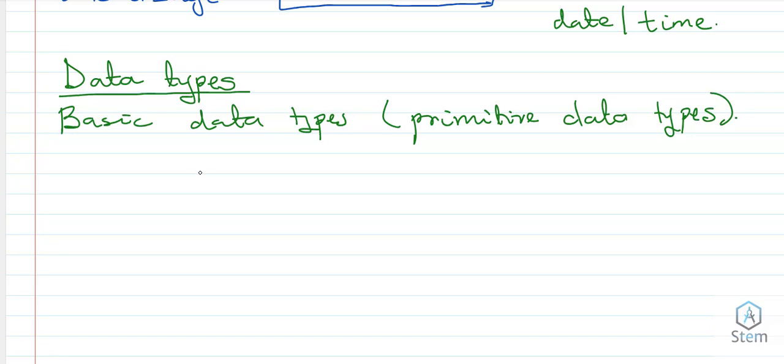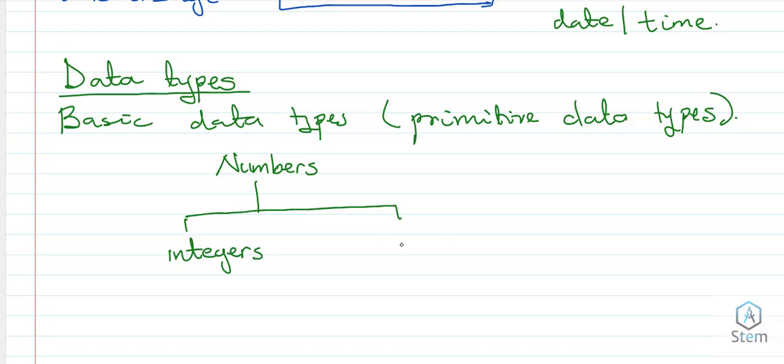The first one is the numbers. Now, we have two kinds of numbers to worry about. We have whole numbers. These ones are called integers.